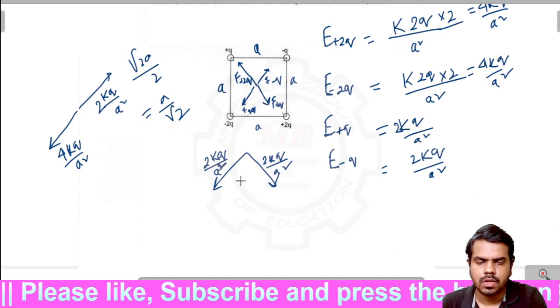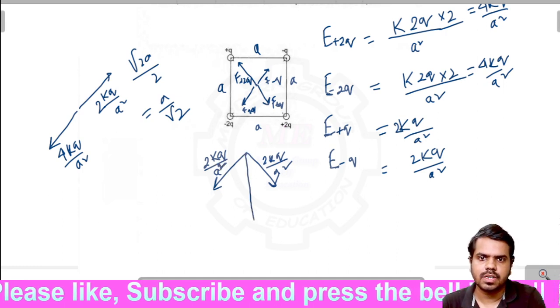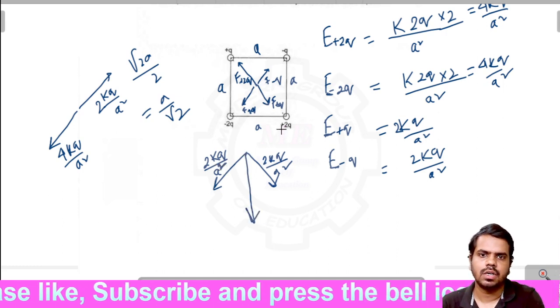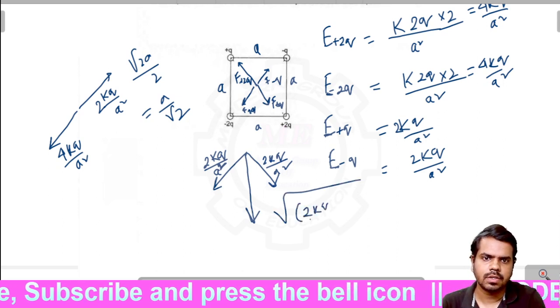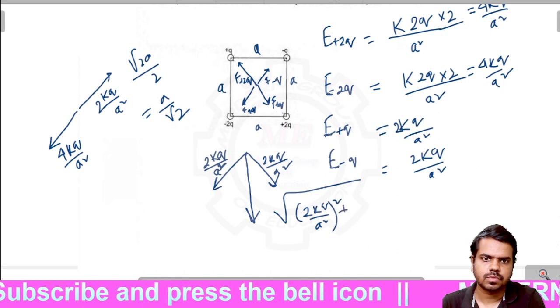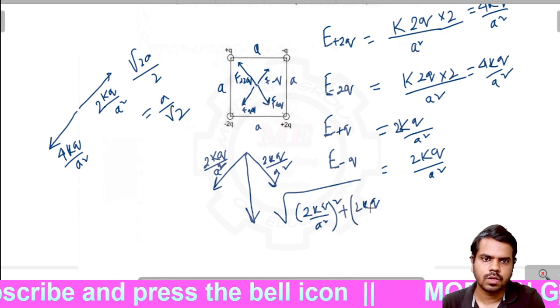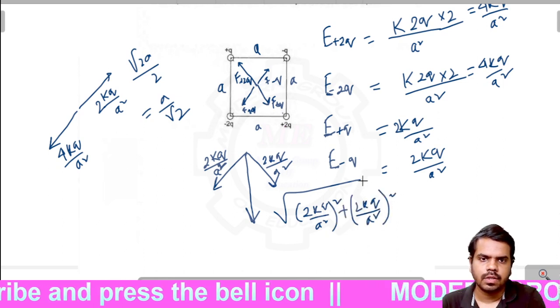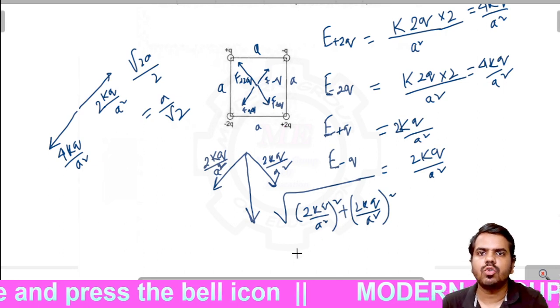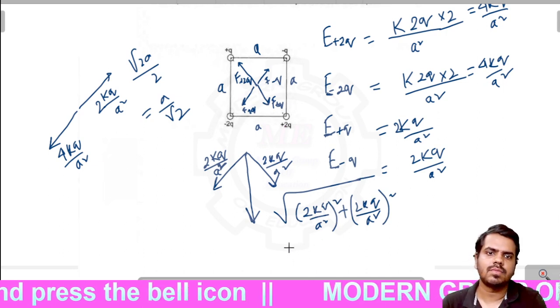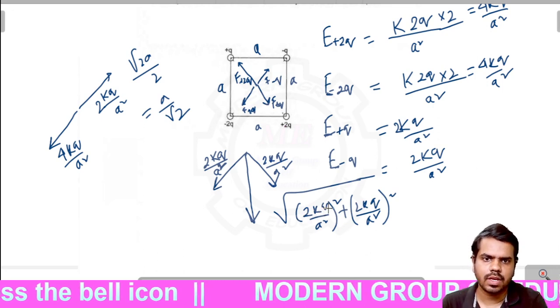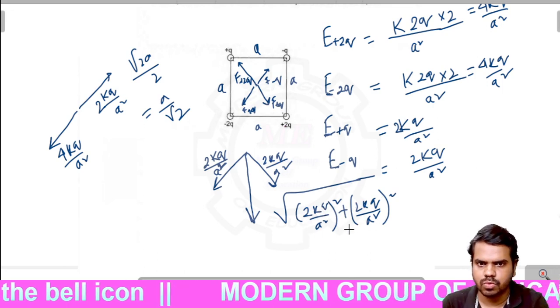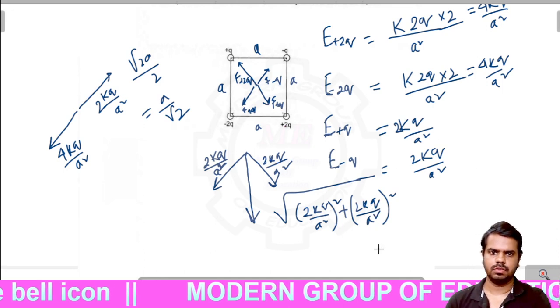Okay. So what is the net resultant force? Net resultant force will be acting in this direction. This is root over of 2KQ by a square squared plus 2KQ by a square squared. That means root 2 times 2KQ by a square. Here this is 4K square Q square by a to the power 4, plus 4K square Q square by a to the power 4.